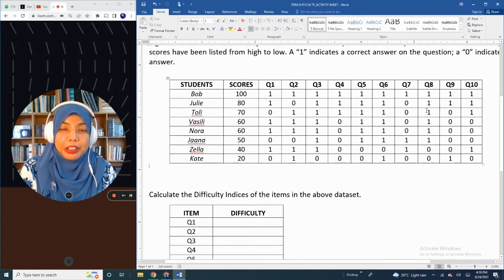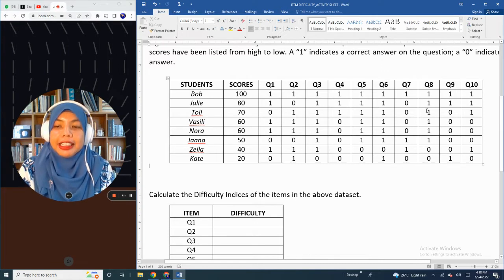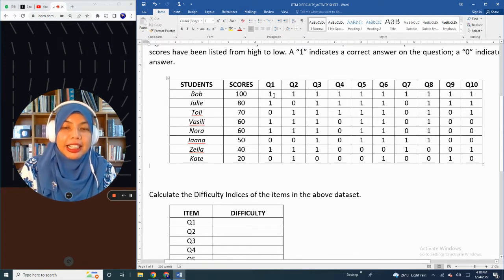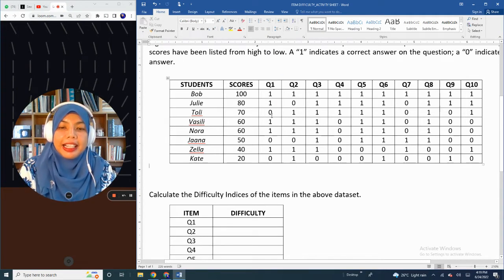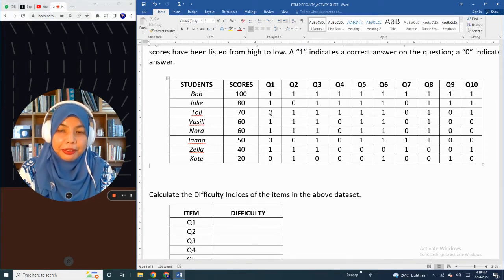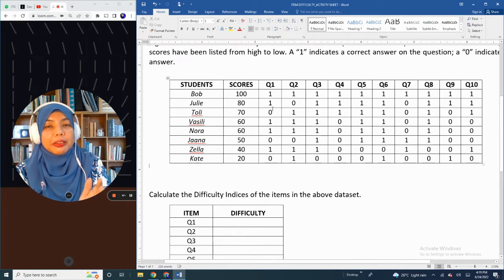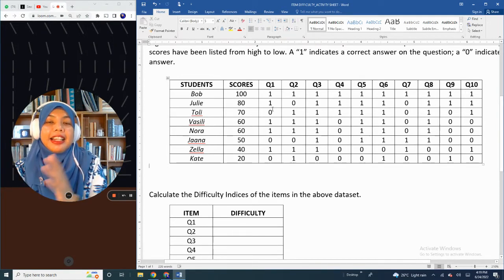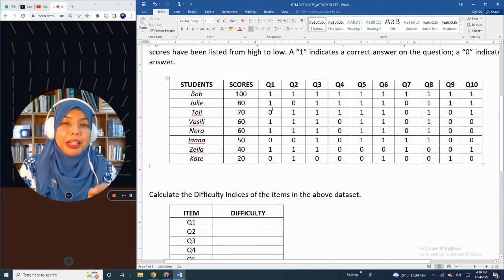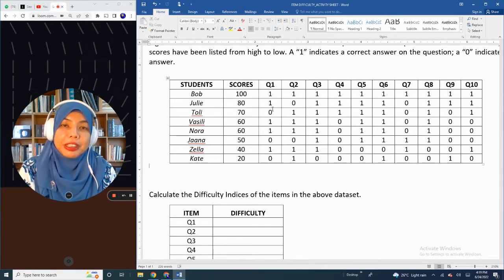The next step that you need to be mindful of is that when you are recording the student scores in this data set, 1 should be included if the student answered the item correctly, and 0 is an indication that the student has not answered the question correctly. You have to look at each student, and also record based on each item for that particular student.